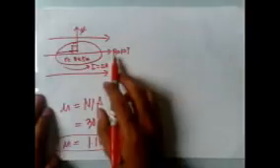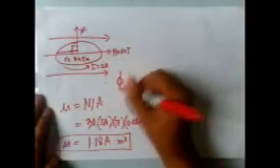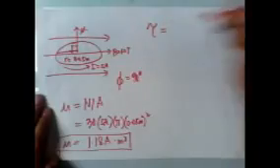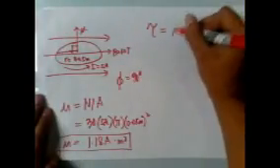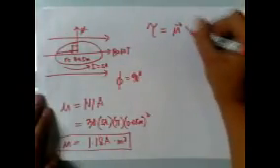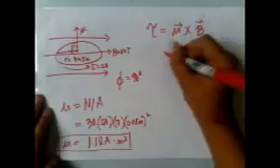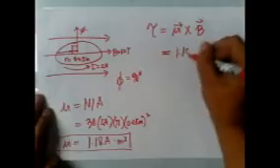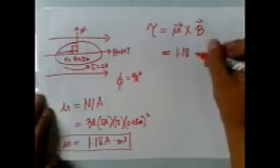So for our torque, since our mu is perpendicular to our surface, it is 90 degrees from the magnetic field, so our phi is equal to 90 degrees. Therefore, our torque is equal to mu cross B. The magnetic moment is 1.18 ampere meter squared.